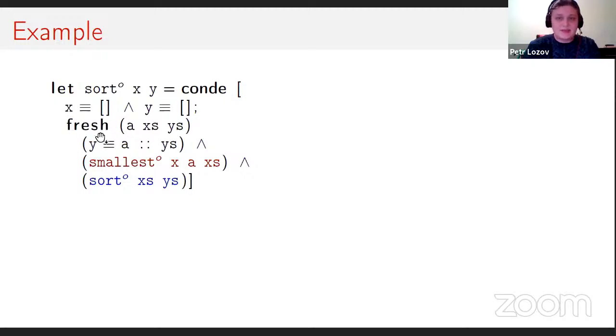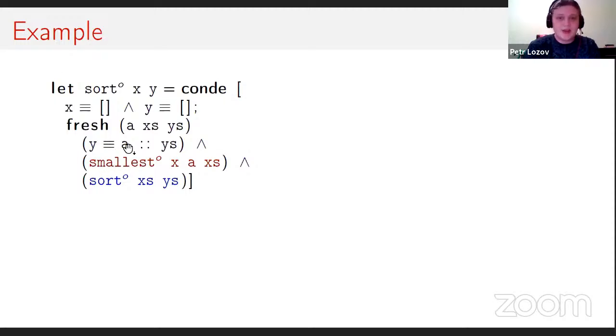In this case, we are separating the first element from the sorted list using unification. This element is the minimum in the list. Then we eliminate the minimum element from the original list using the relation smallest. And finally, we sort the reduced list using a recursive application of sorter. And we connect three constraints using conjunction.